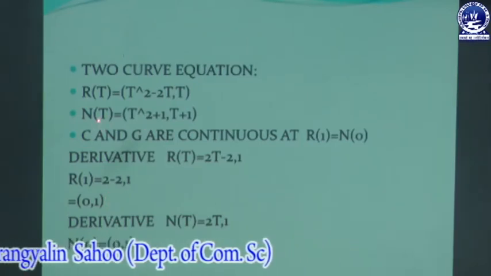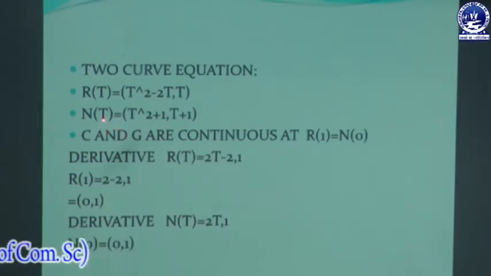Now we check the second curve, n(t). Its derivative is 2t, and then the constant term t has coefficient 1. So here also n(0) equals (0, 1).